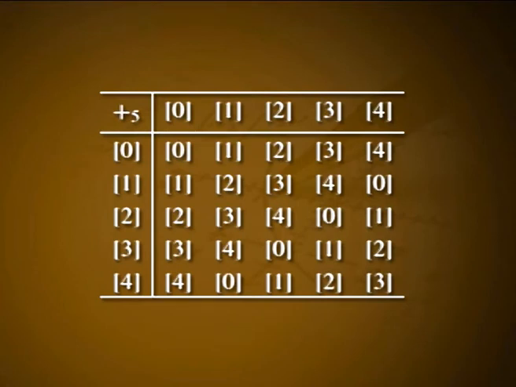So in the table you can see the operation addition modulo 5 on the numbers 0, 1, 2, 3, 4. For example, 2 +5 2 is 4. That means the remainder obtained by dividing 2 + 2 by 5 is 4. Similarly, the remainder obtained by adding 4 + 1 is 0. Clearly, 0 is the identity element. It is an abelian group.